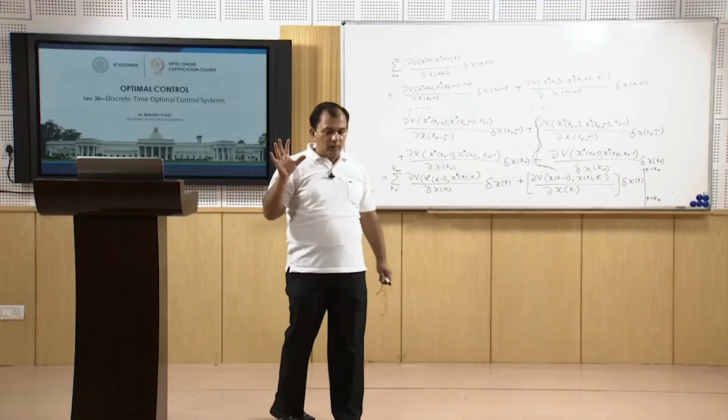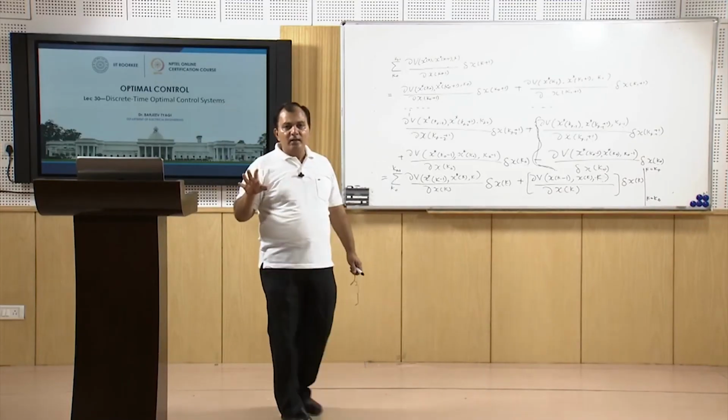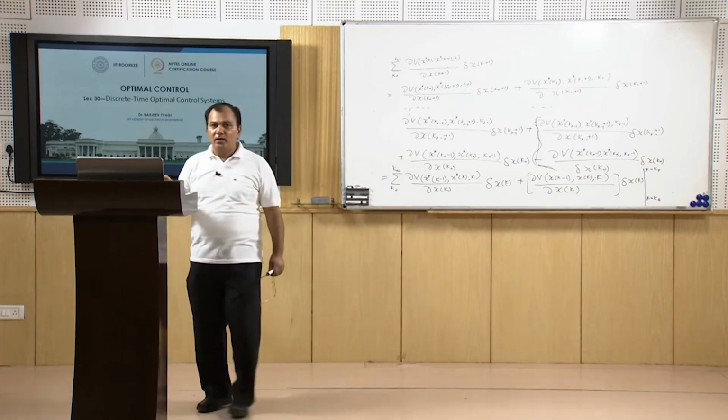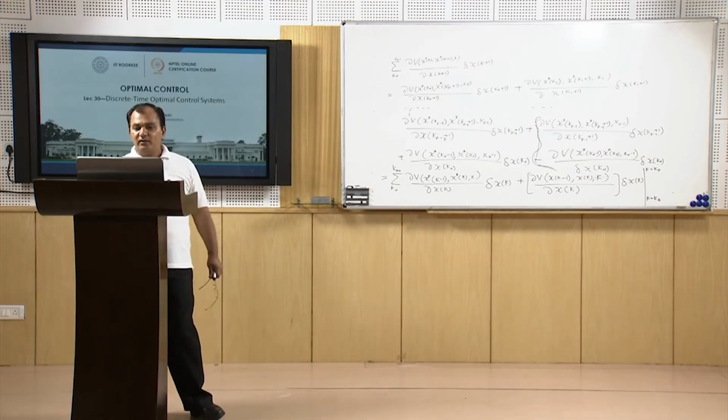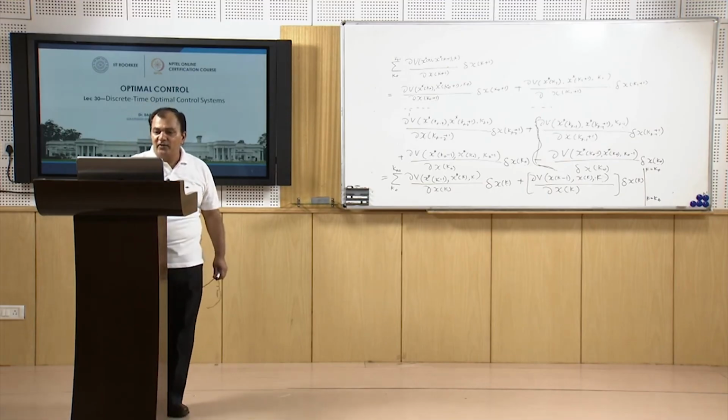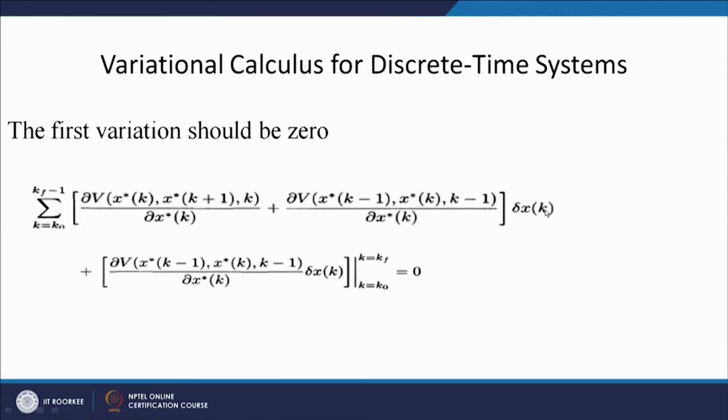If I am to find the extrema of a functional, its first variation vanishes at the optimal point, so I can equate it to 0. As my delta x k is arbitrary, it can take any value.